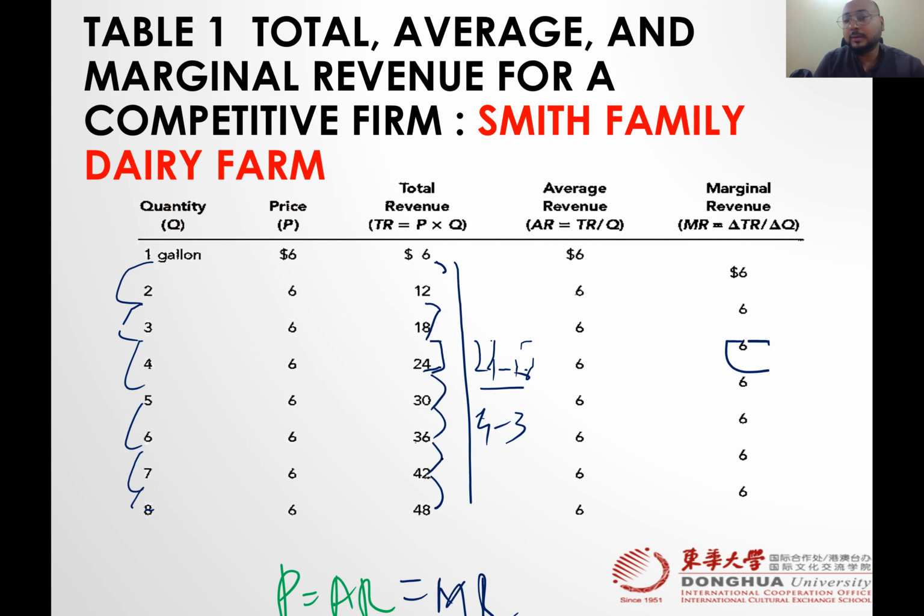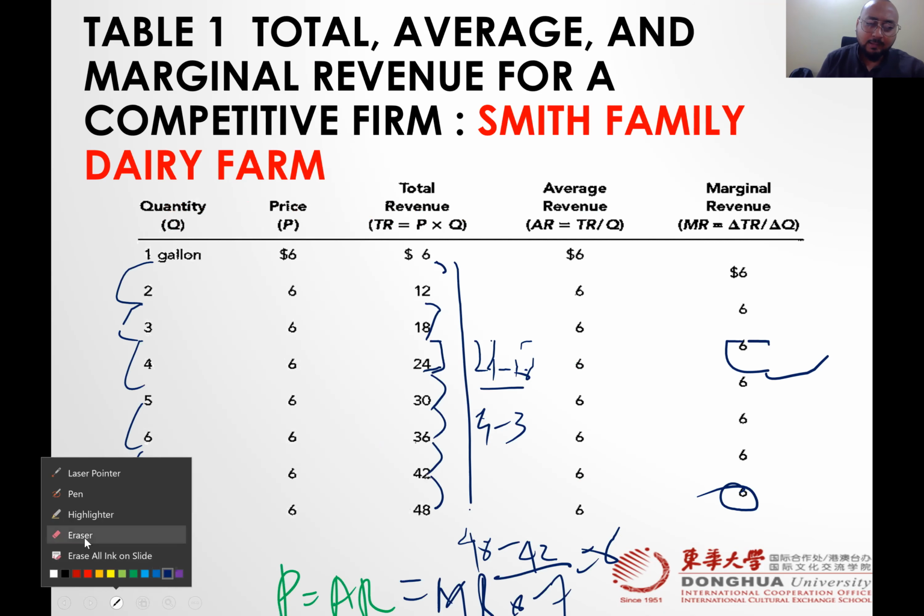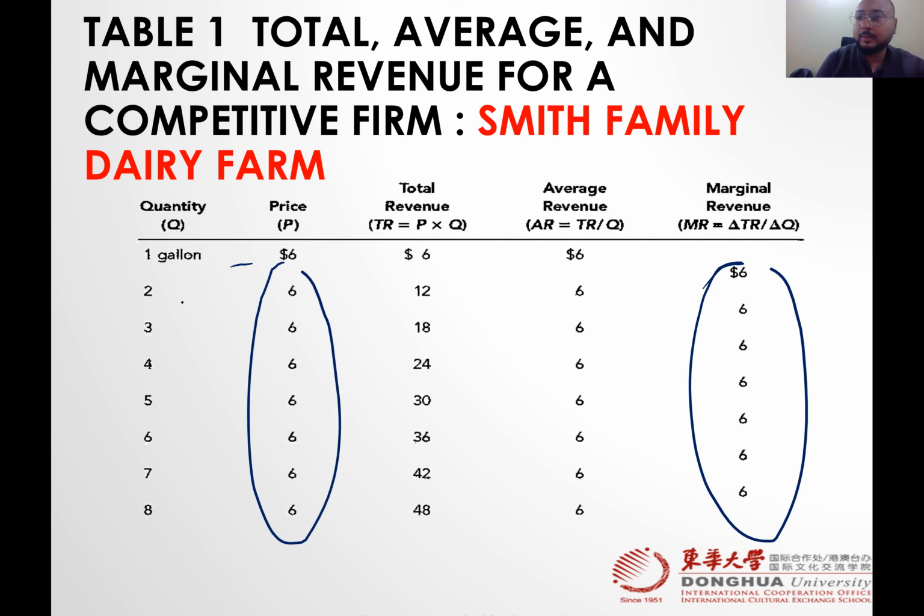The answer is 6. Where is this 6 coming from? 48 minus 42 divided by 8 minus 7. The answer would be 6. So did you notice, MR is equal to price? MR also is equal to AR, right? We proved that in perfect competition, price is equal to AR is equal to MR.